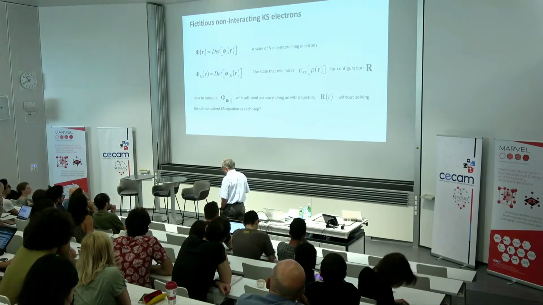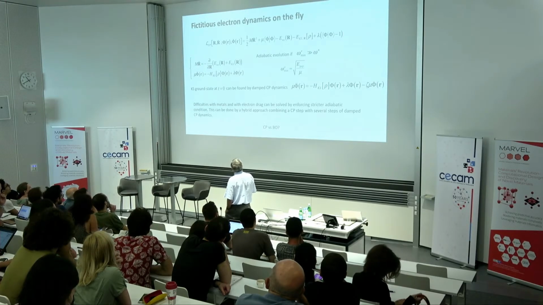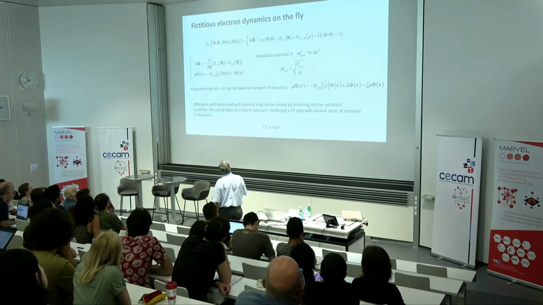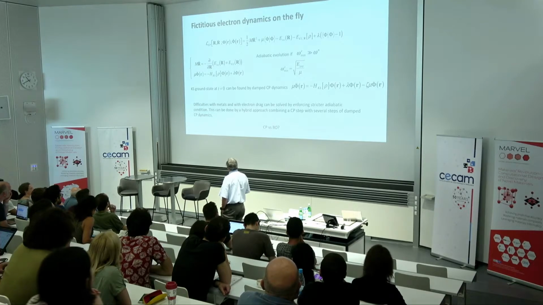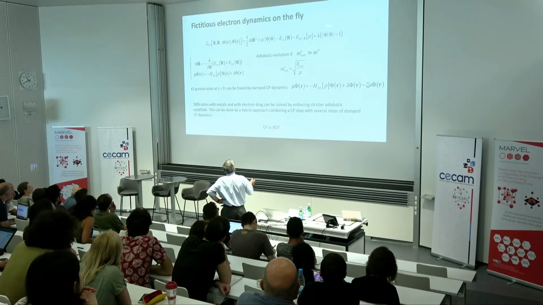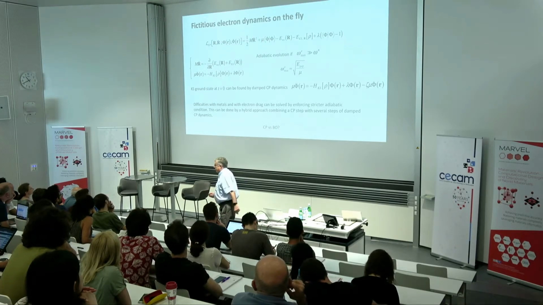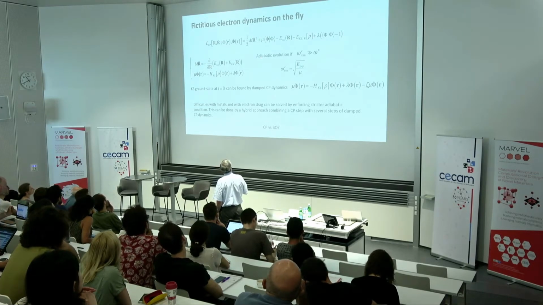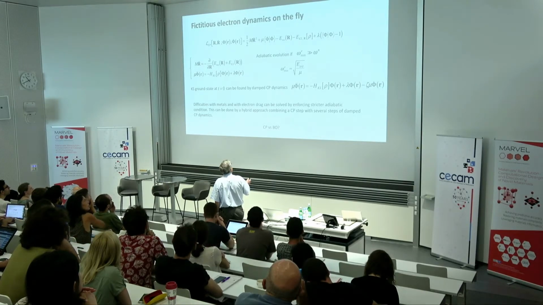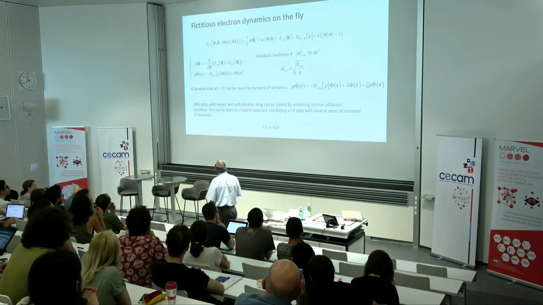And here is where the Car-Parrinello Lagrangian comes in. In this Lagrangian, we consider the nuclei and the electrons as independent variables. Here mu is a parameter that characterizes the dynamics of the fictitious electrons, and this is a Lagrange multiplier that imposes the normalization.